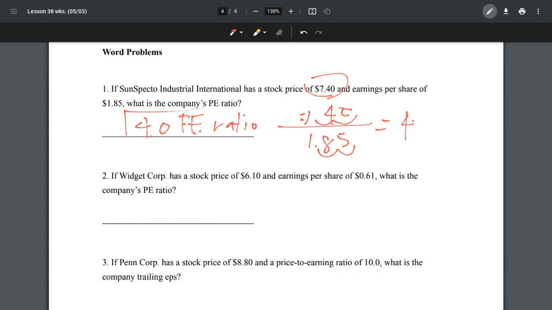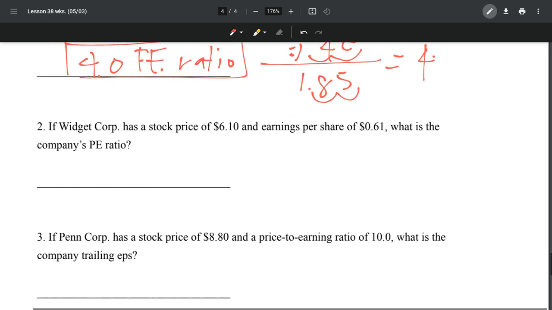Number 2, if Widget Corp has a stock price of $6.10 and earnings per share of $0.61, what is the company's price to earnings ratio? Again, we're dividing $6.10 by 0.61.